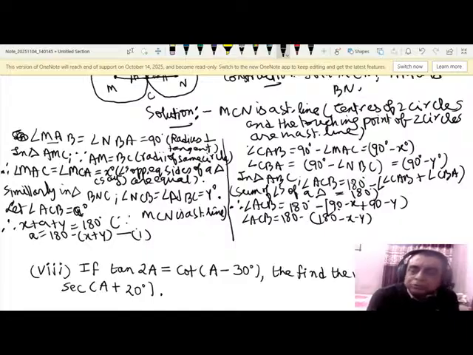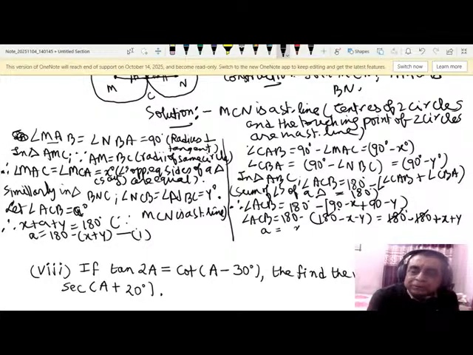Open the bracket: it becomes 180 minus 180 plus x plus y. The two 180s cancel. So angle ACB value is x plus y, which matches A. So it is A.